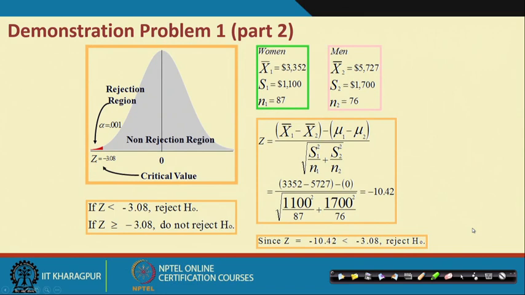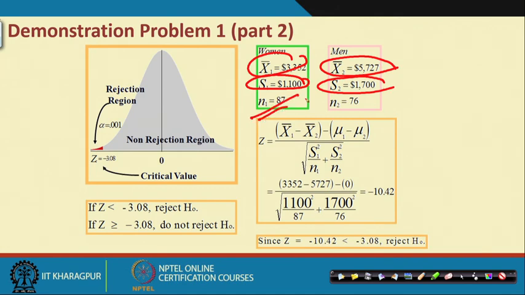So accordingly, the problem is here. In the first case when mu 1 is less than mu 2, the structure is the same but with a different problem, and again there are two samples. x1 bar is the first sample mean, with standard deviation S1, then sample 2 mean is x2 bar with standard deviation S2, and the sample sizes are 87 and 76.